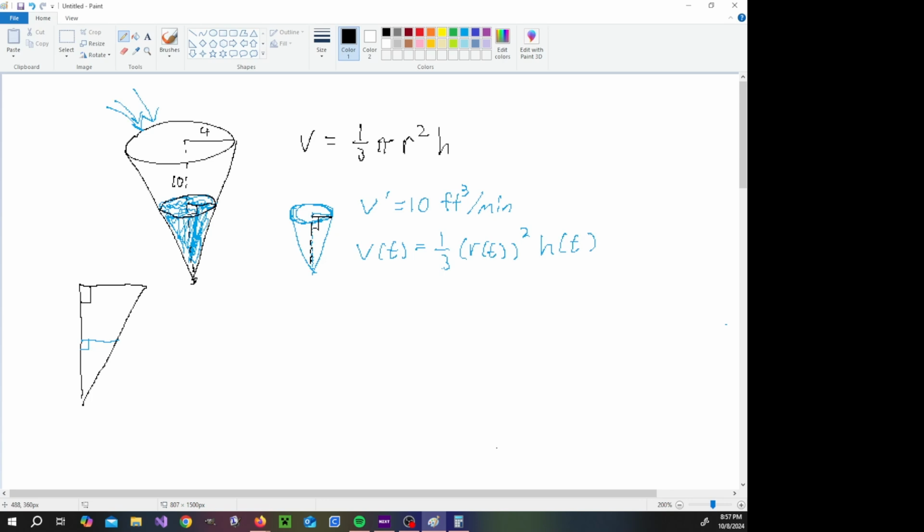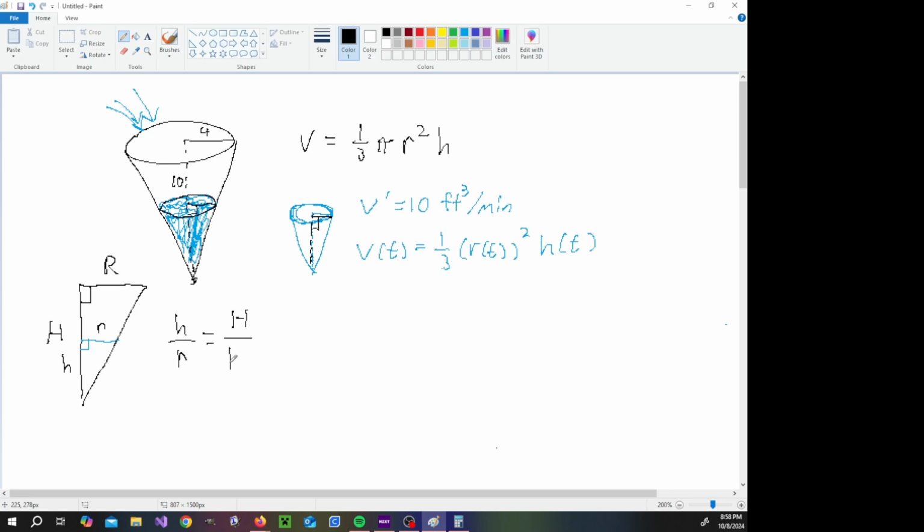So even though they're both changing, I know that the ratio of h to r, h over r, has to match the ratio of the big radius and the big height, right?